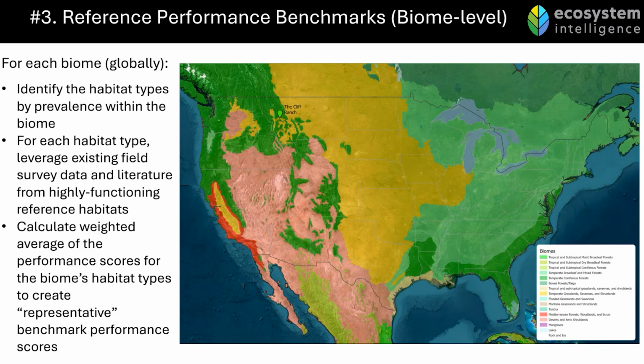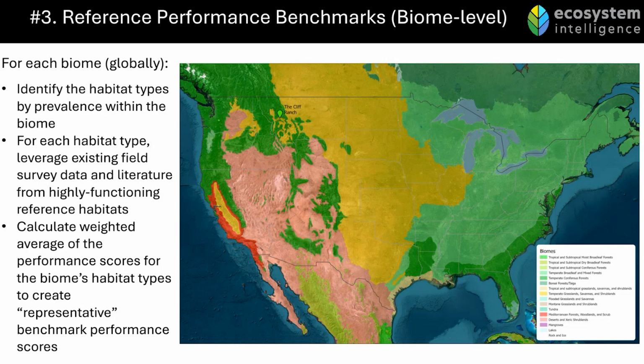And that becomes then the basis for the reference. Now, nature doesn't exist in a single habitat here and a single habitat there. It exists in mosaics across a landscape. So when we understand reference, it's important to understand that mosaic of habitats and how they come together to perform the benefits that are needed within that biome.